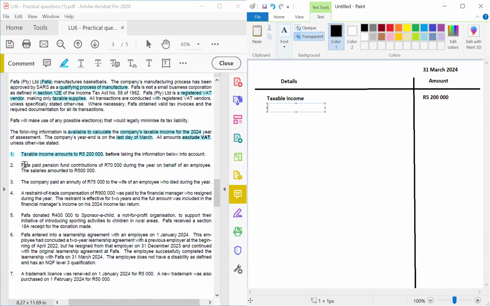Part 2. FAFA paid pension fund contributions of 70,000 during the year on behalf of an employee. The salaries amounted to 500,000. Now, this being said, what can you say about this statement?